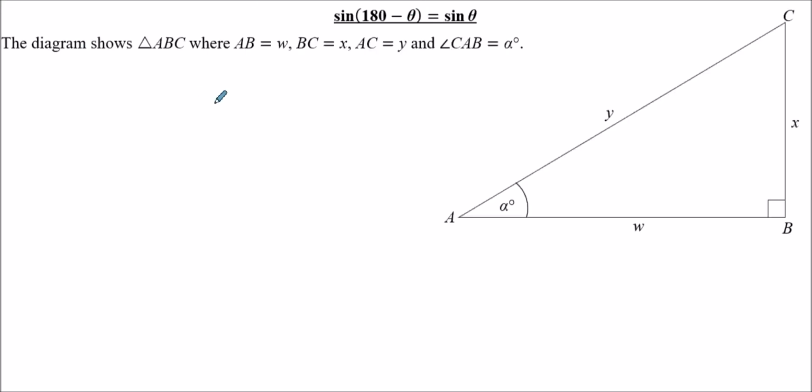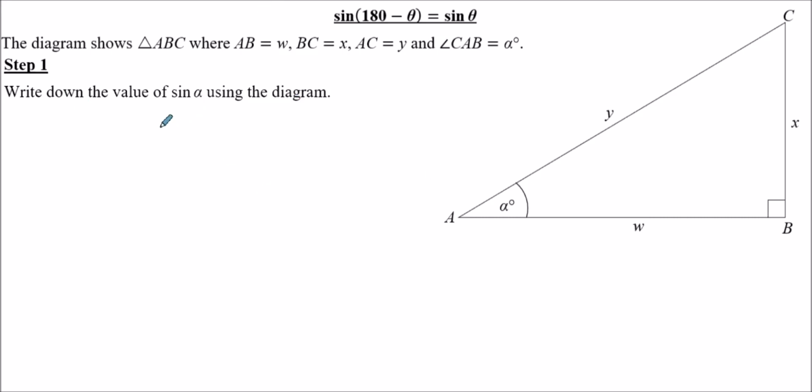So how would we prove that the sine of 180 minus theta is the same as the sine of theta? What I'm going to do first of all is introduce a triangle. So diagram: triangle ABC, where AB is w, BC is x, and the side AC is y, and the angle here at A, I'm going to call that gamma. So we can do this step by step, and it's actually fairly easy to prove. The first step is we need to write down the value of sine theta using this diagram.